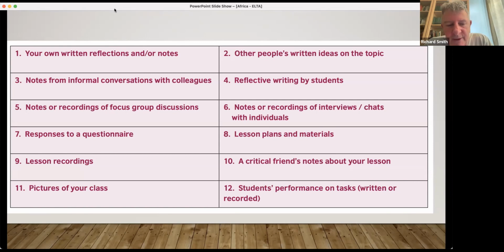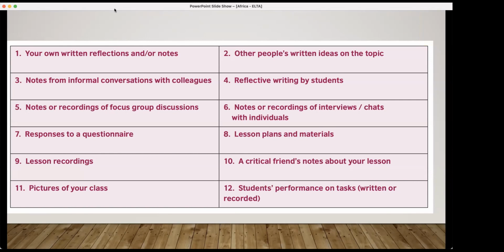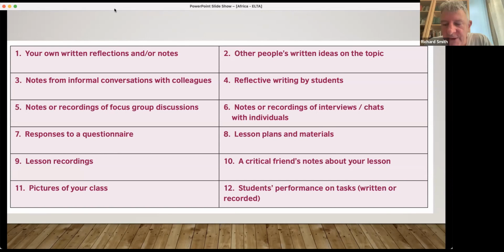Focus group means, number 5, a group of parents. The teachers in Chile who asked parents about supporting students, that was a focus group. They got a group of parents to discuss with them, and then you can have interviews or chats with individuals.